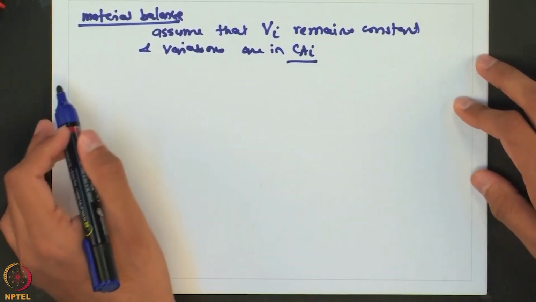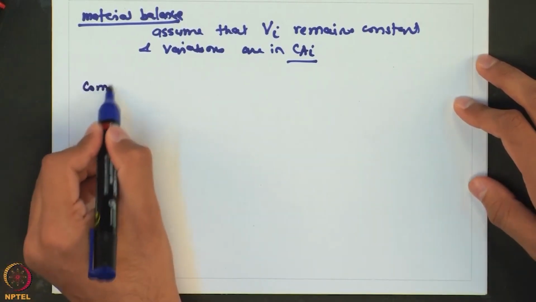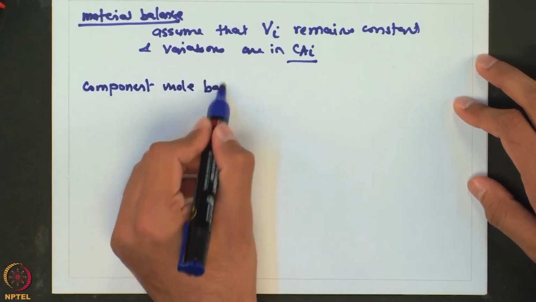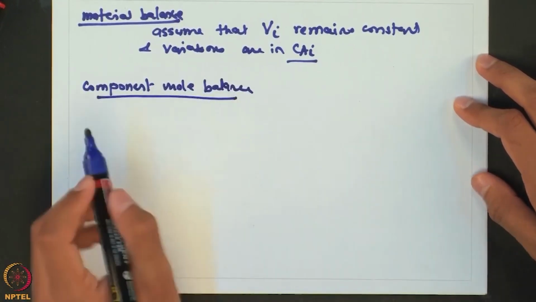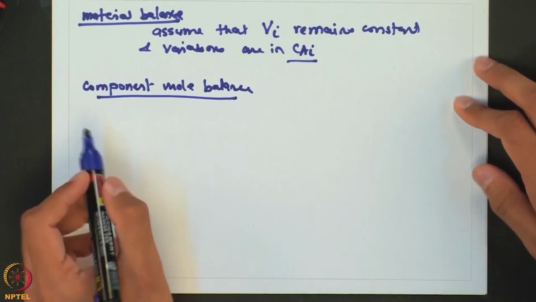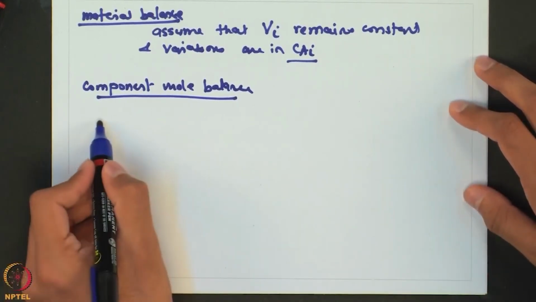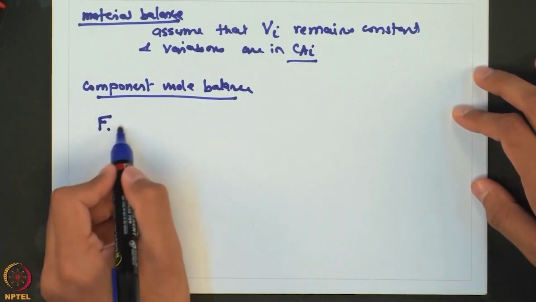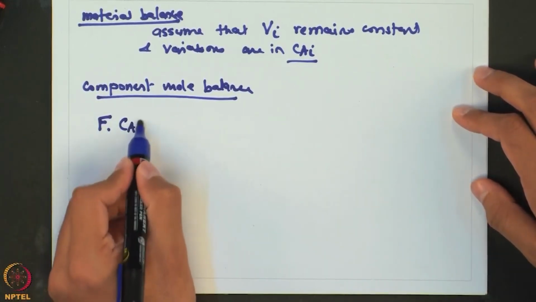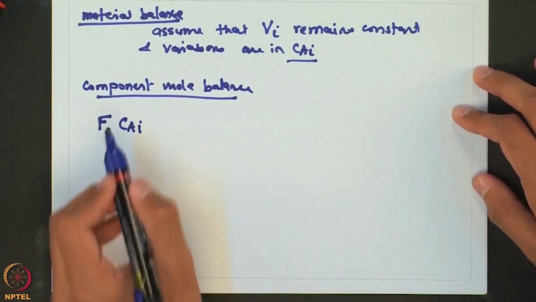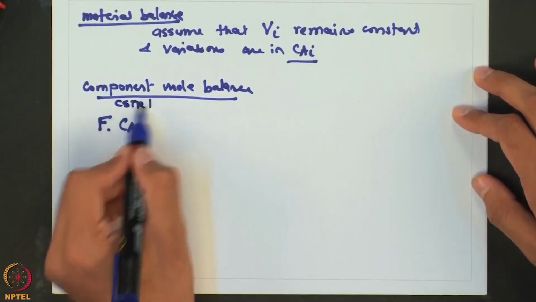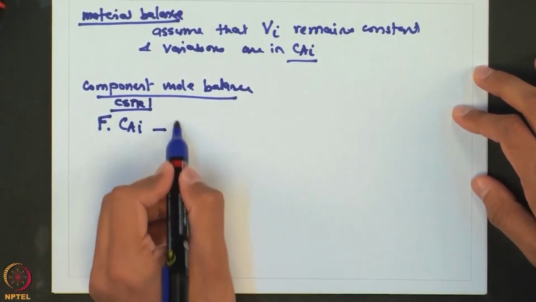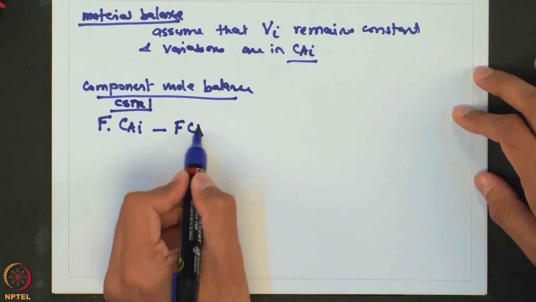So, what we will be writing is a component mole balance. The total material coming in would be F, which is the total flow rate, times CAI. This is for CSTR1. The material going out of this system would be F times CA1.